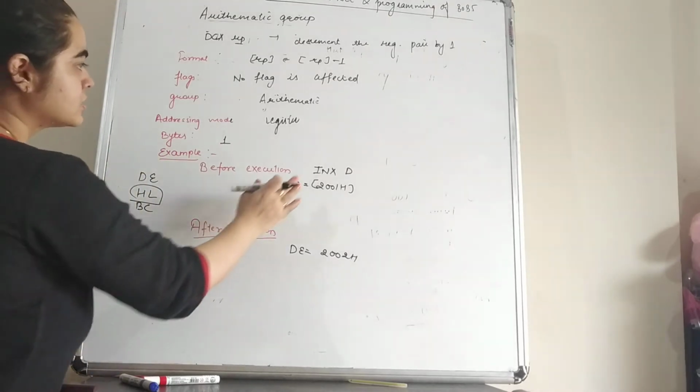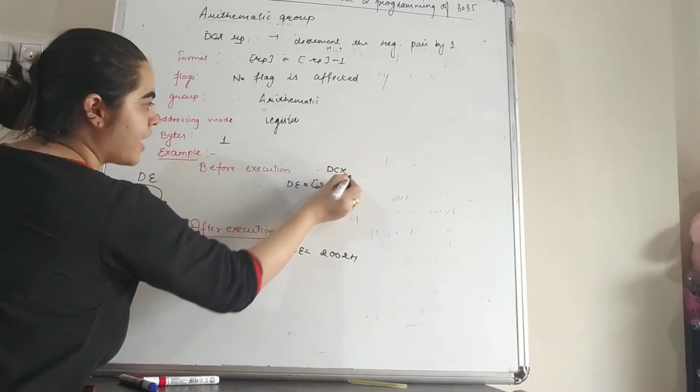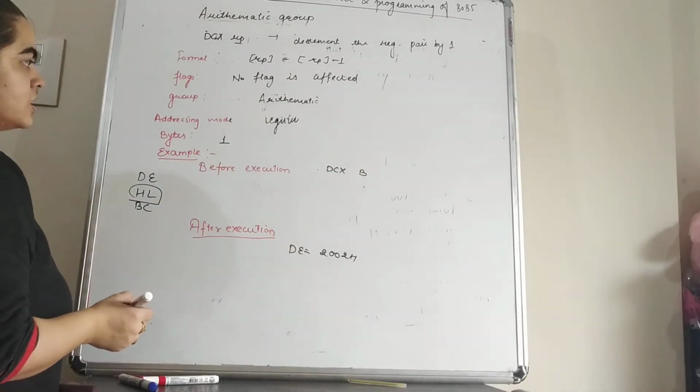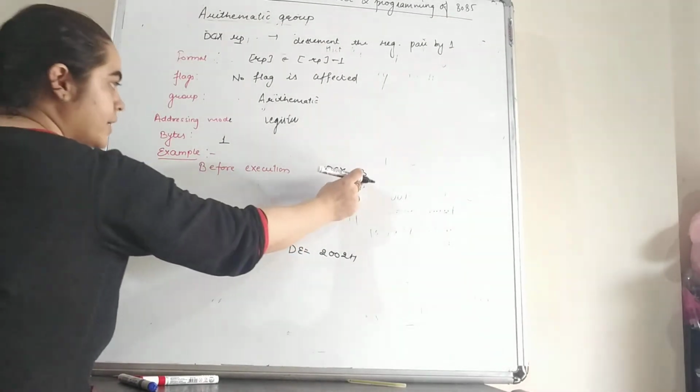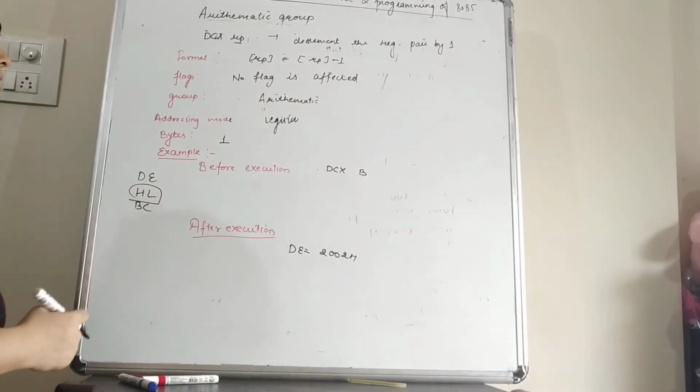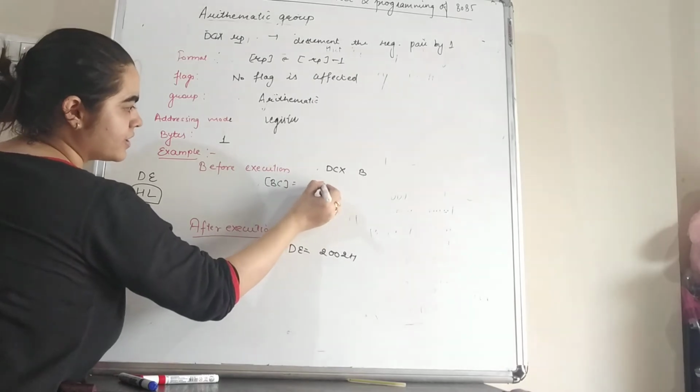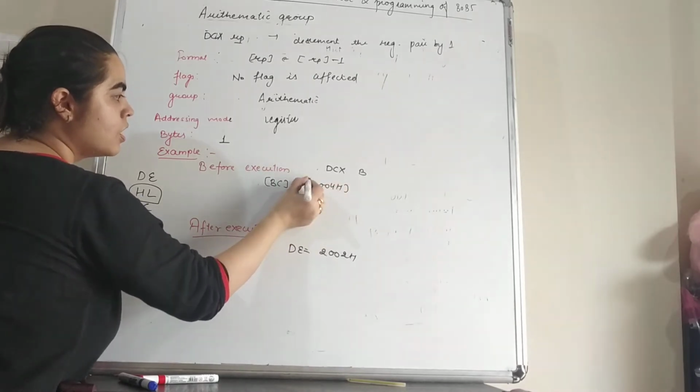Now suppose we have an example, DCX B. This instruction means we can decrement the memory address of the BC pair by 1. Initially, suppose the BC pair has the memory address 4004H.